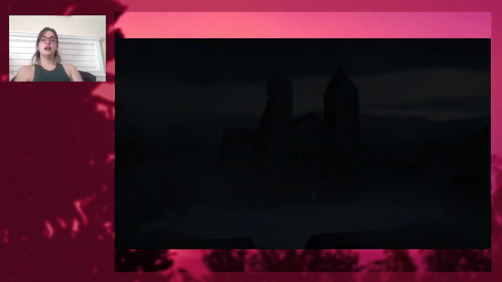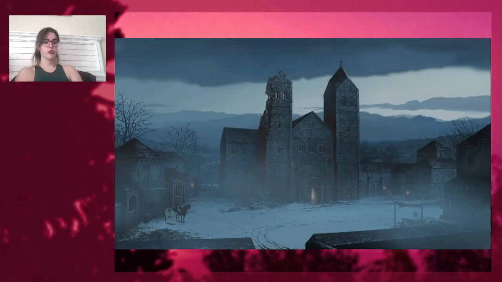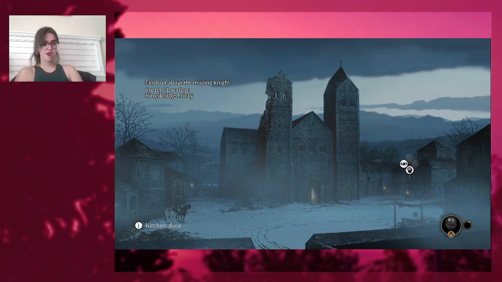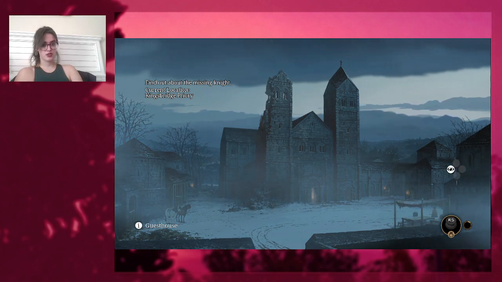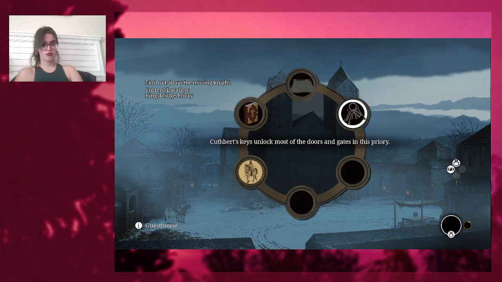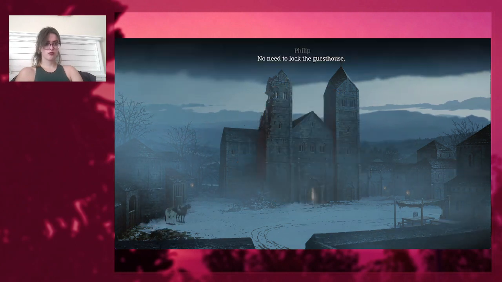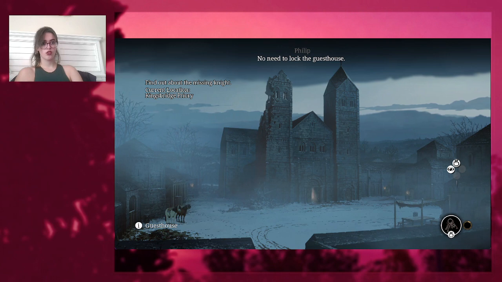We should check out the guest house. Kitchen door. Guest house. No need to lock the guest house.